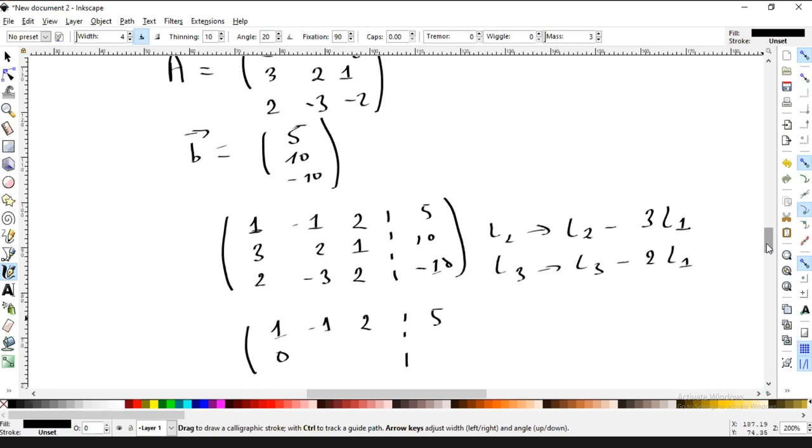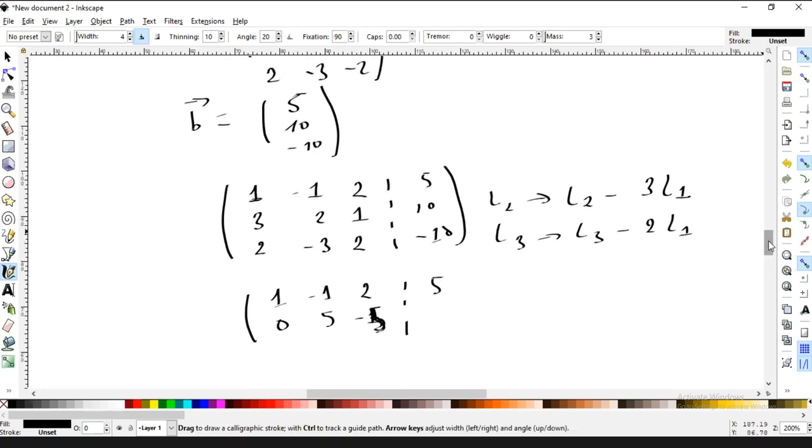L2 minus 3, so it's 2, 5 minus 5. All right, so minus 5. 1 minus 1, and 10 minus 15 is minus 5. So it's 1 minus 6 minus 5 here, right?